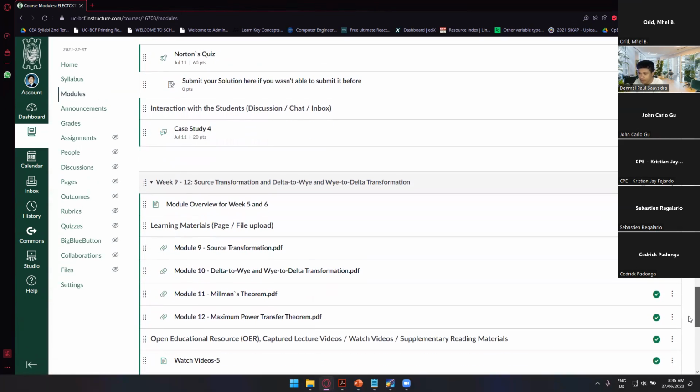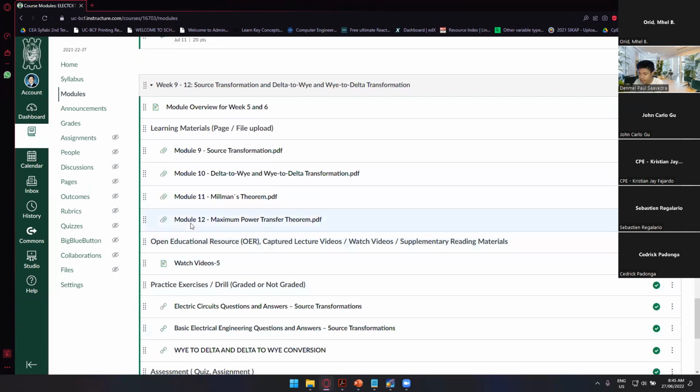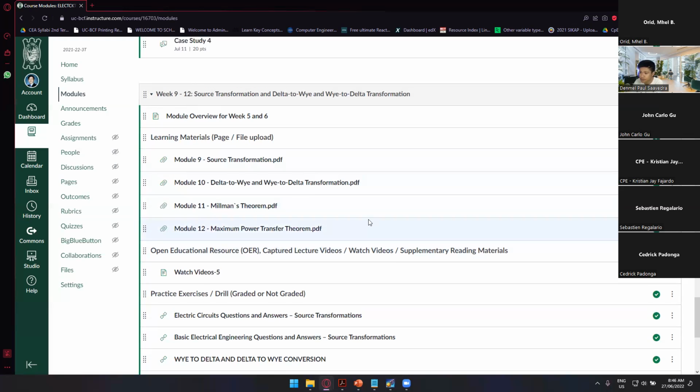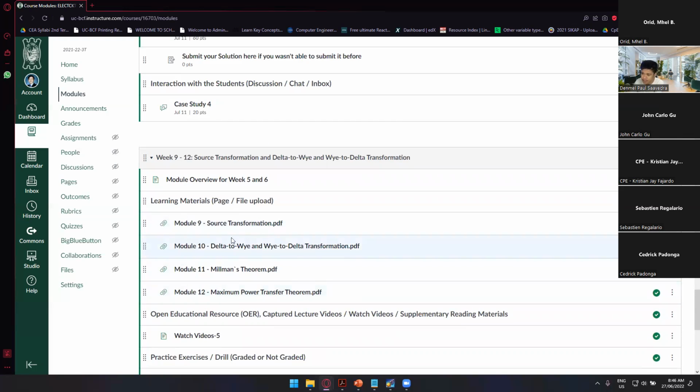And we now only have 4 remaining modules, so we may be able to split this into 2: weeks 9 to 10, and then weeks 11 to 12, which is for Norton's theorem and then the maximum power transfer theorem. What I did last year is combine them into one module.